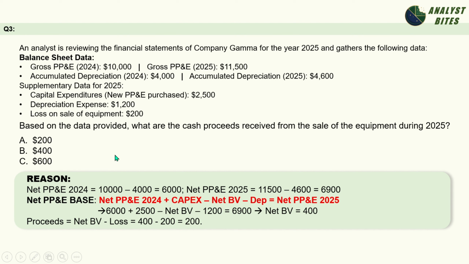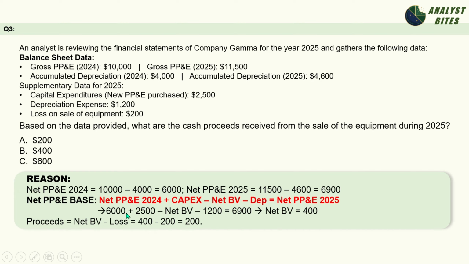Using the formula net PP&E equals gross PP&E minus accumulated depreciation, we find the net PP&E was 6,000 in 2024 and 6,900 in 2025. Step 2 is to use base logic to find the net book value. Following the beginning plus additions minus reductions equals ending logic.